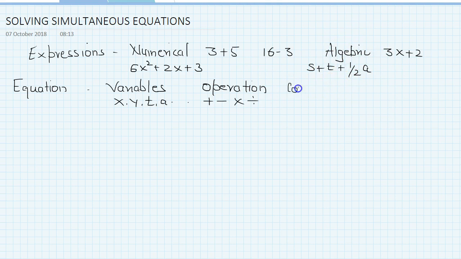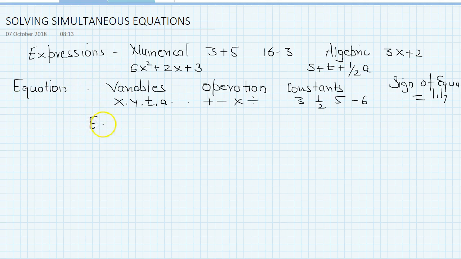Constants: three, half, 5, minus 6. These are the constants, and the sign of equality. So an equation is a combination of all these.